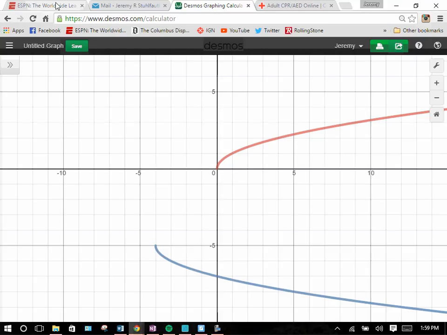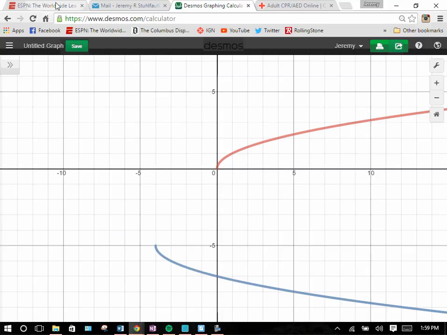The new function, f of x equals the negative square root of x plus 4 minus 5. So he said the new function would be f of x equals negative square root of x plus 4 minus 5. You have to put the negative sign out front.